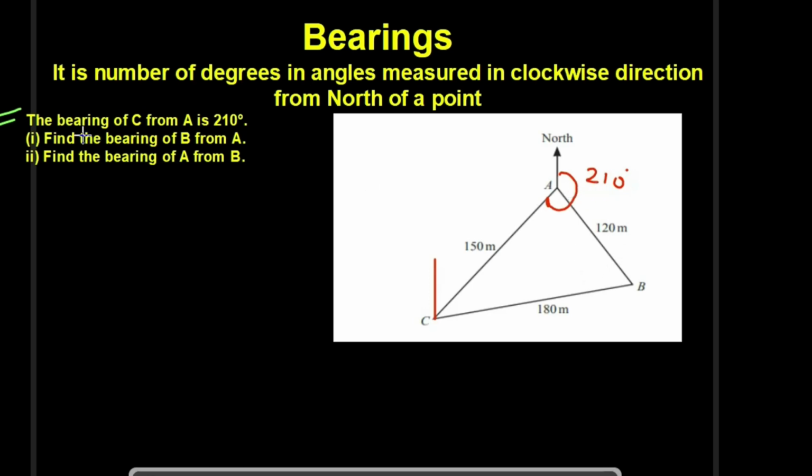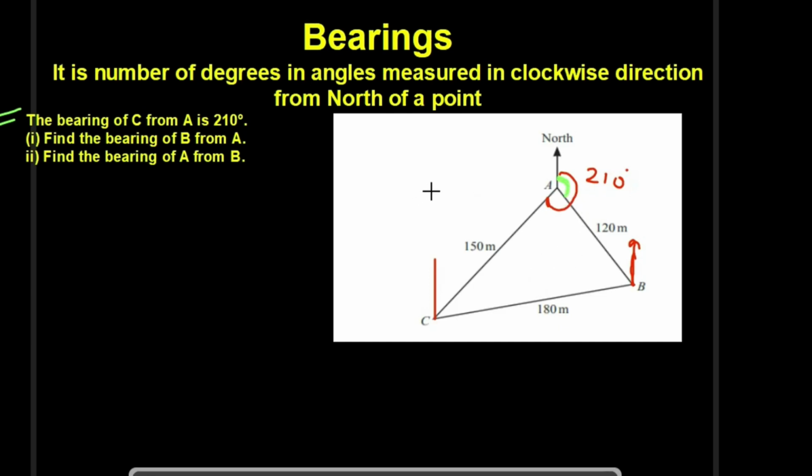The bearing is given 210. They are saying find the bearing of B. That means direction of B, I have to draw here as well. So direction of B from A, that means this angle they are looking. From A, let me highlight with the green one. This angle, our requirement is this angle.